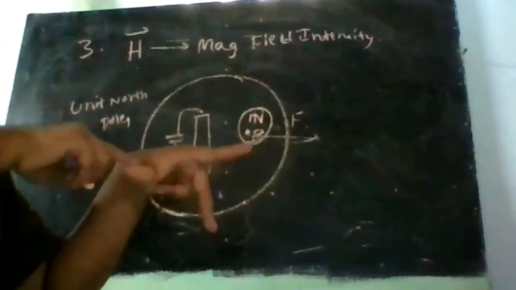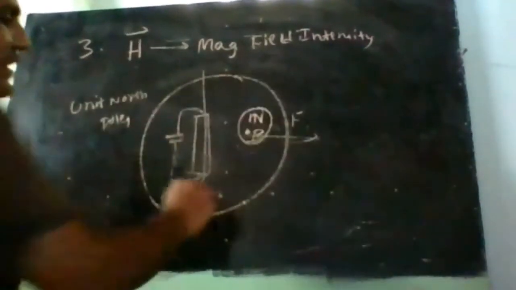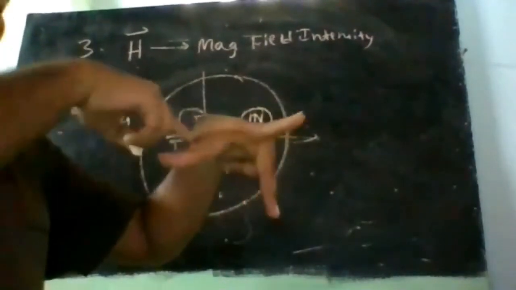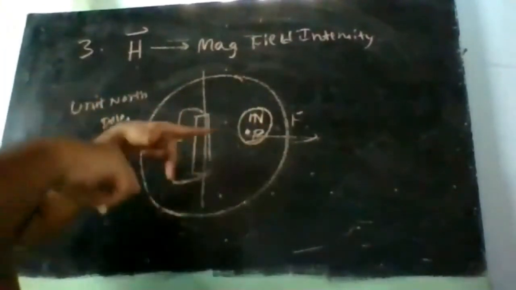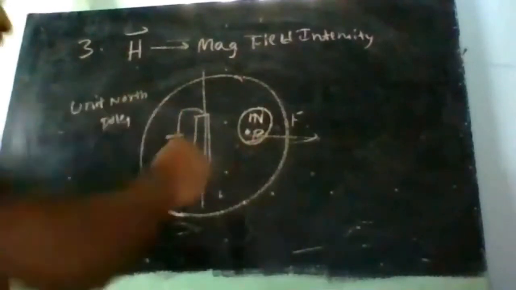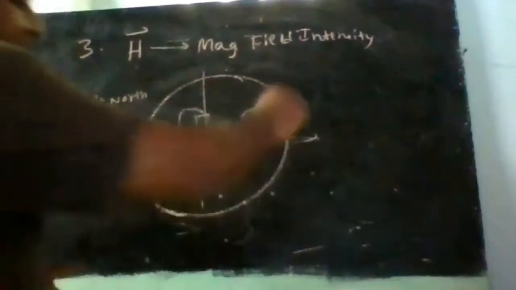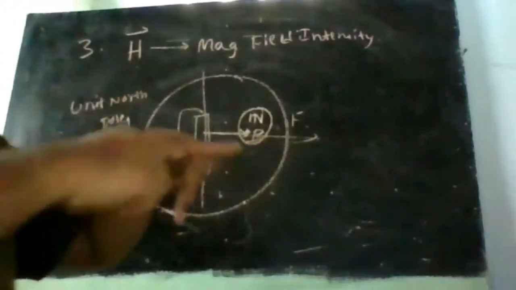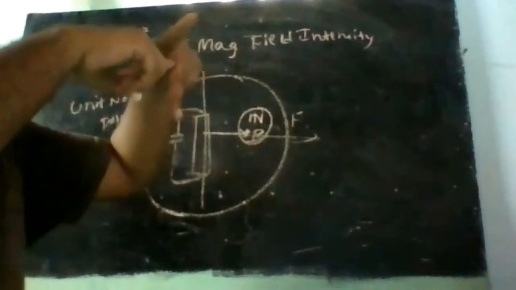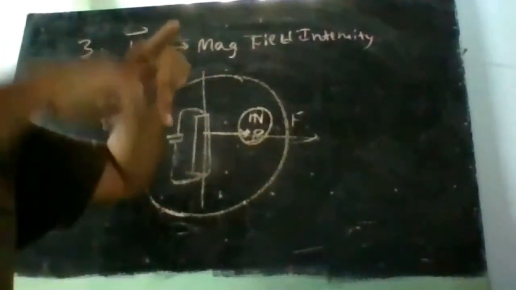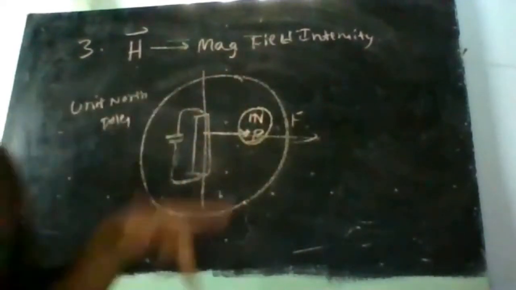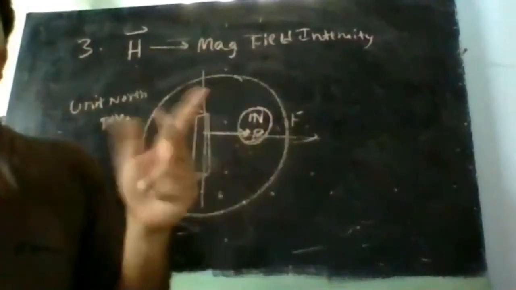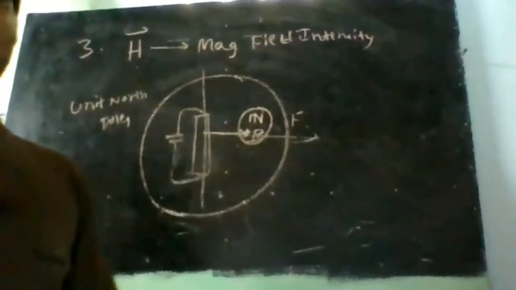If this is the current carrying conductor in the thumb direction, and the distance to the point that we take is in this direction, then the magnetic field produced at that point will be in this direction. So the left hand thumb rule will give us the direction of the magnetic field.